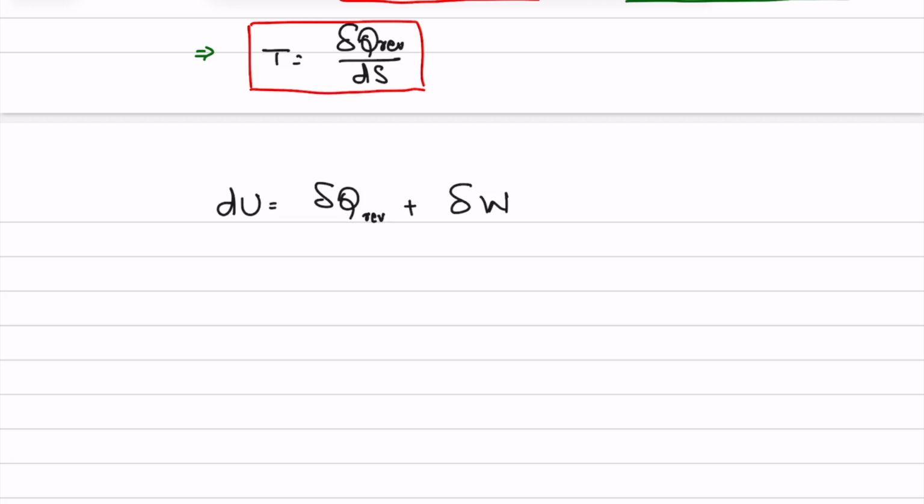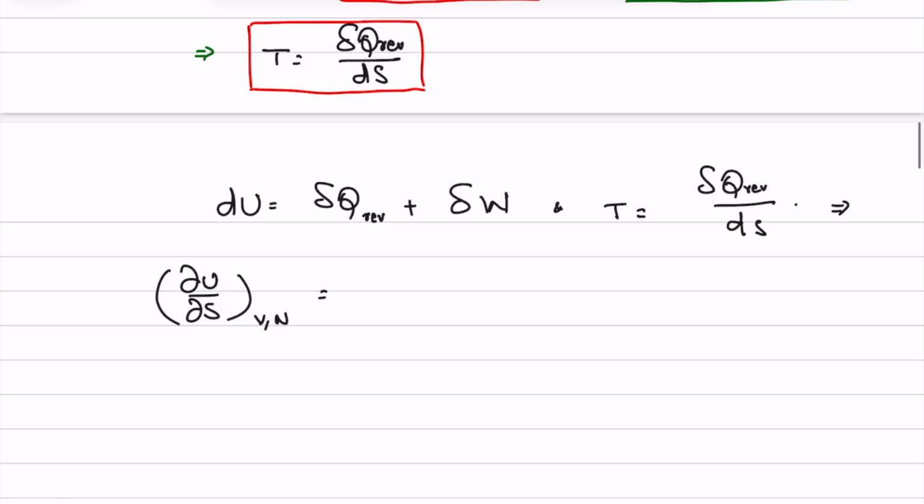And T is equal to δQ reversible by dS. From these two, we get ∂U/∂S, when volume and number of particles are constant, it is going to represent T.